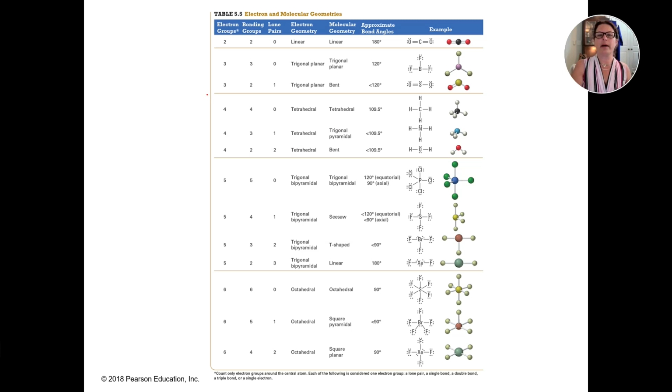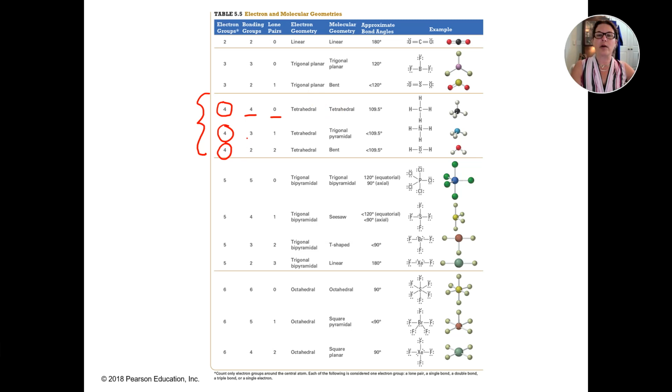So if I'm talking about this group right here, every single one of these examples has a total of 4 groups. Now these 4 groups could appear differently. It could be 4 things that are bonded with no lone pairs on the central atom. That's going to give us what we call a tetrahedral shape for both electron pair geometry and molecular geometry.